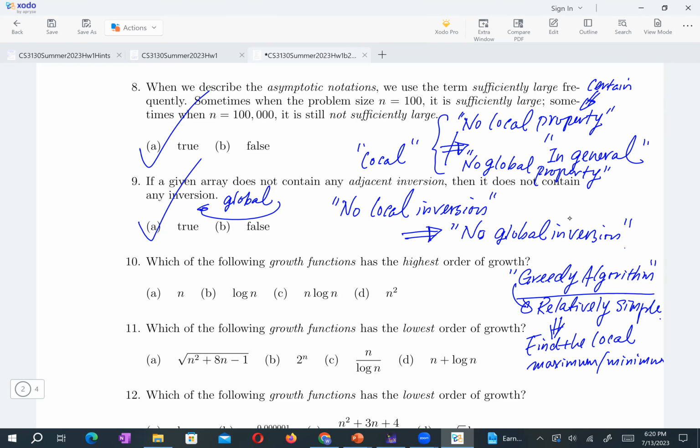A portion of the data, not the whole data. The whole data is too hard. But if we just focus on a portion of the data, the local data, then finding the maximum or minimum is much easier, right? So you apply the greedy strategy on local data.